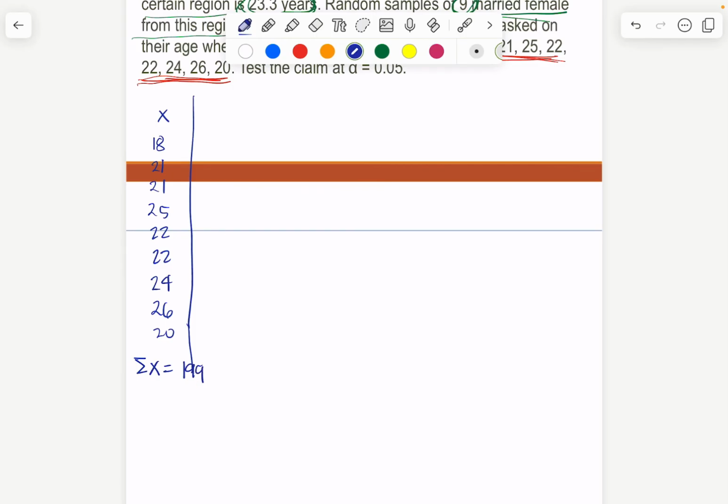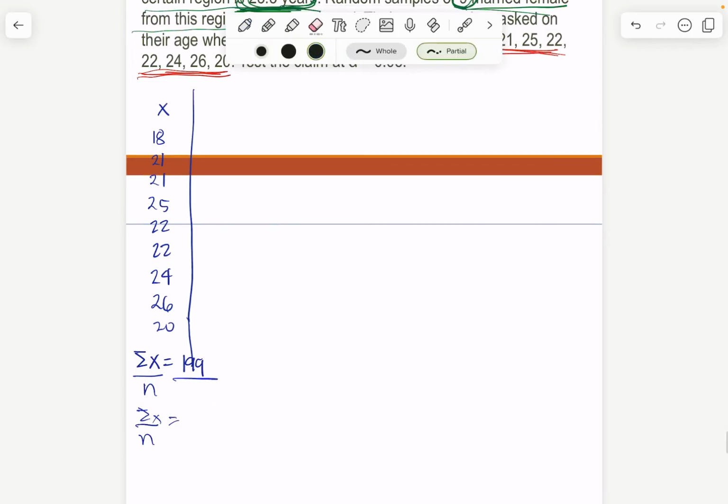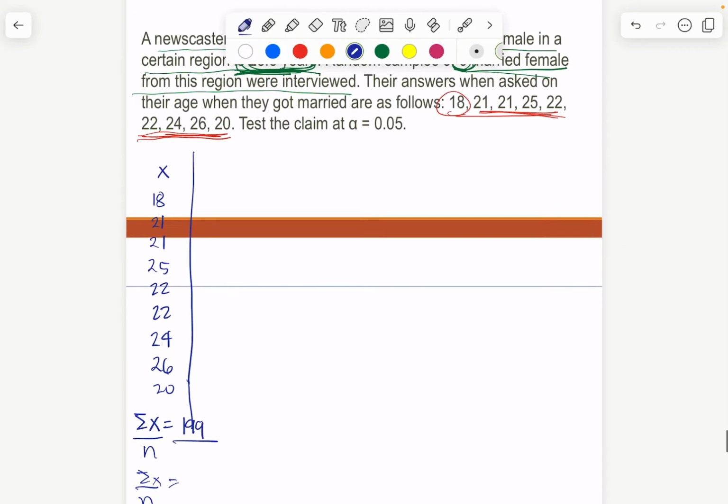Now, how to get your sample mean? So, summation of x should be divided by your n. So, what will be your sample mean? So, 199 divided by our sample size. Pila atong sample size?